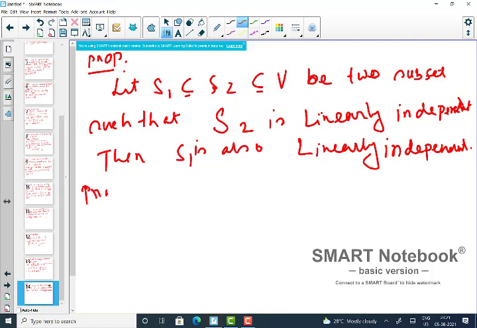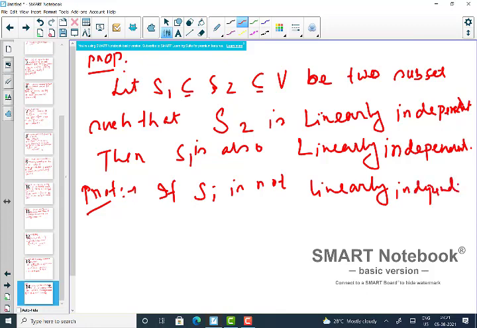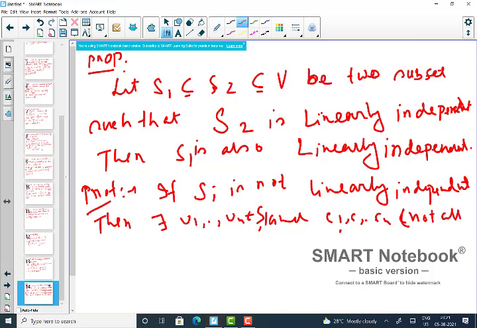And the proof is simple. Why? Because if not, if S1 is not linearly independent, then there exist some vectors v1, v2, up to vn in S1 and some scalars c1, c2, up to cn, not all 0, inside F, such that the summation c_i v_i is 0.